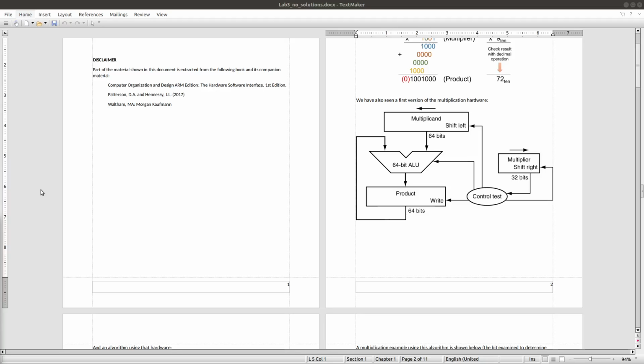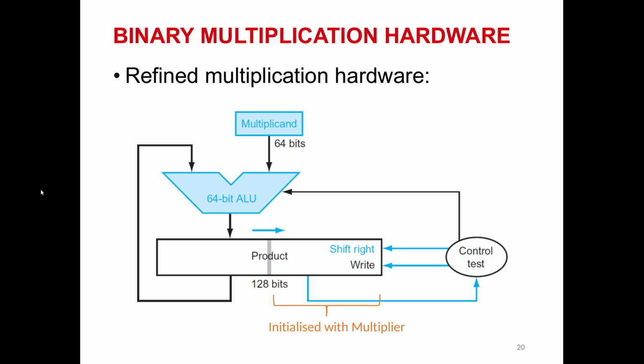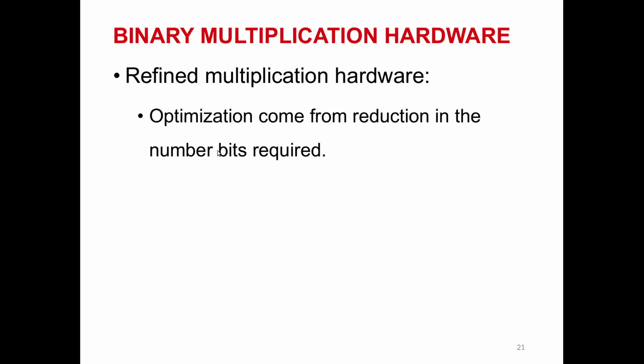And so now here is the summary about the upgraded multiplication hardware. In our upgraded multiplication hardware, the optimization comes from the reduction in the number of bits required for doing the multiplication.